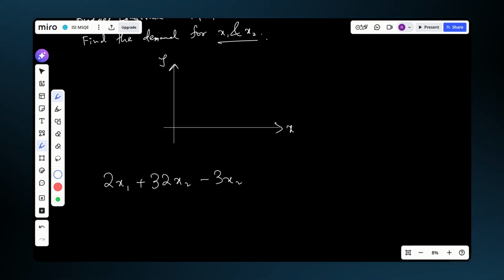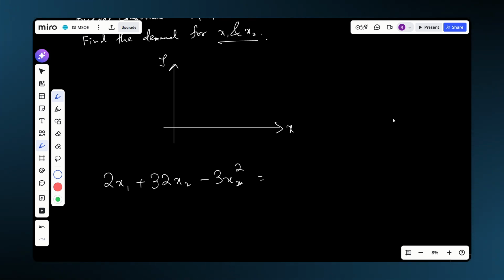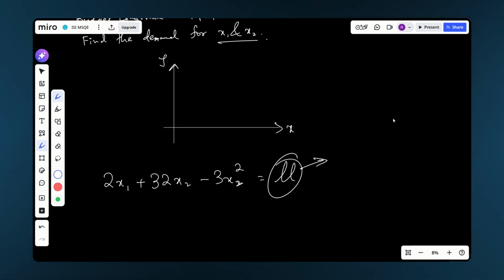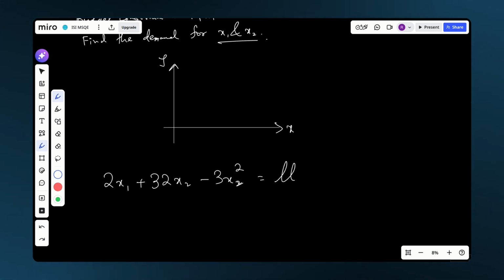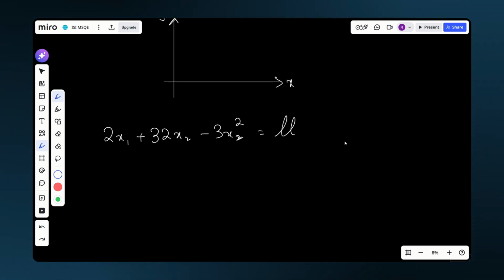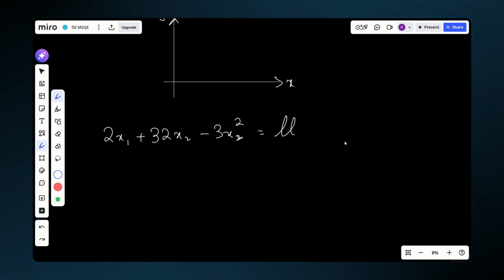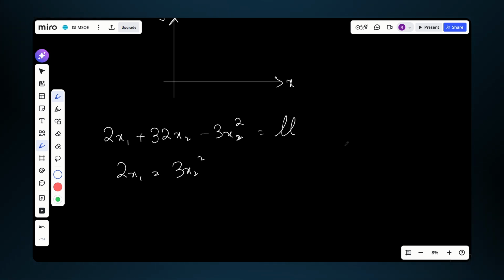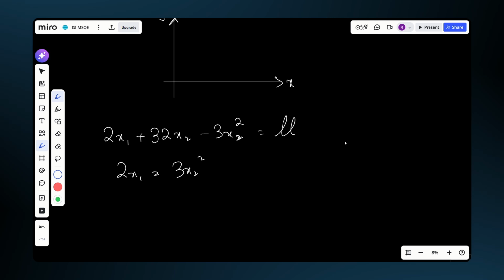This is our utility function, and let's say nu is our utility level. For this utility level I want to draw the indifference curve. You can see that this might become a bit complicated to plot.